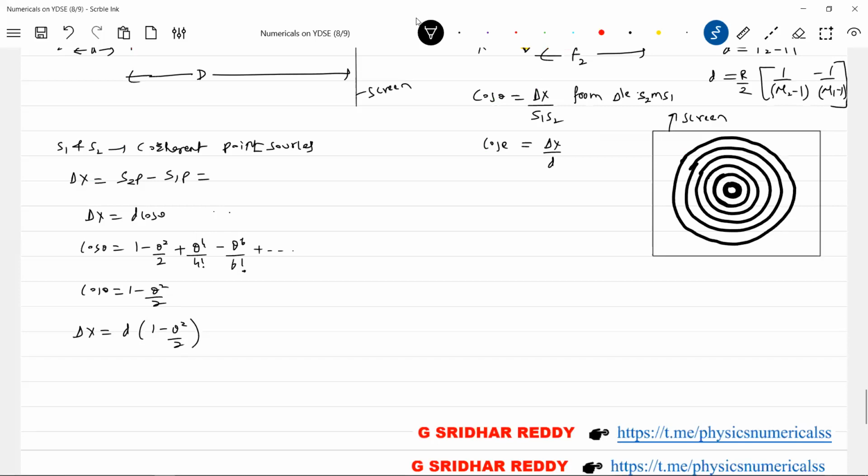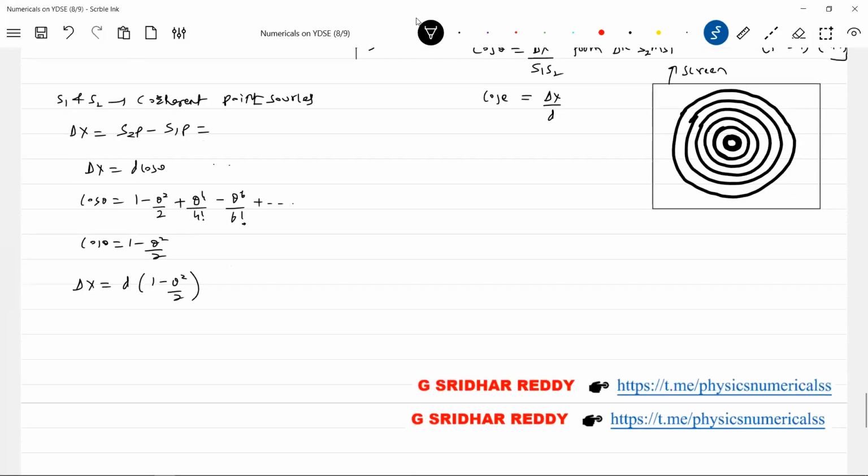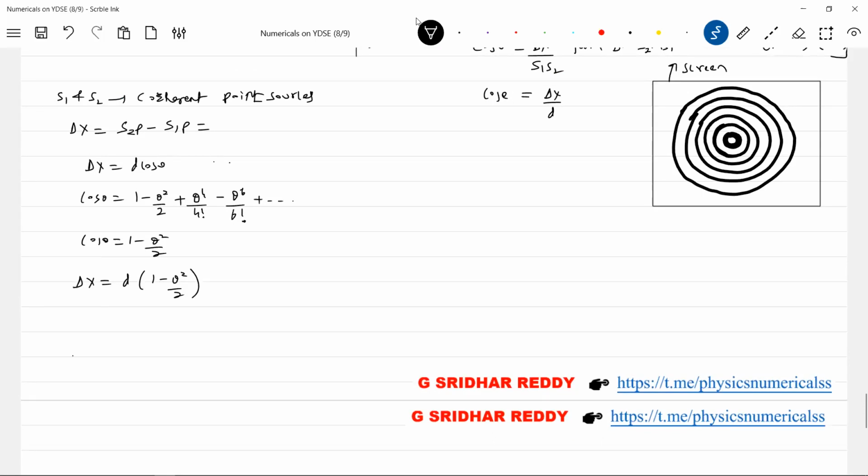What is theta? We'll go for a small diagram. This is y, this is theta, this is capital D. The sources are here, and from the midpoint I indicate theta. Since theta is very small, theta becomes tan theta, so we get 1 minus 1 by 2 tan square theta.